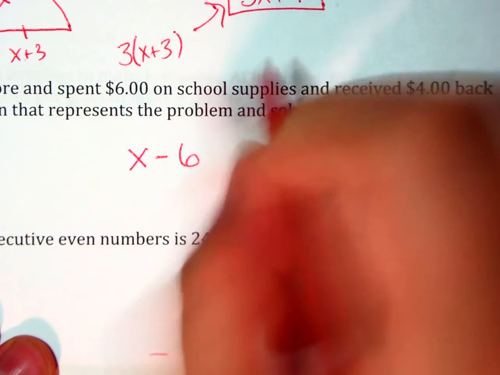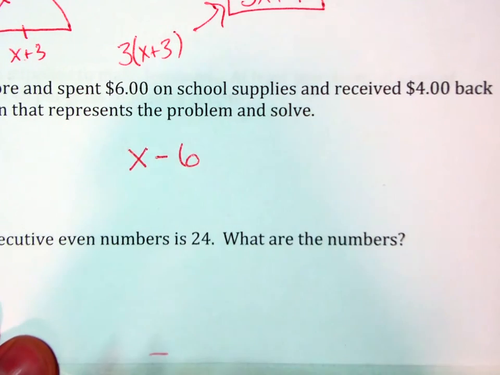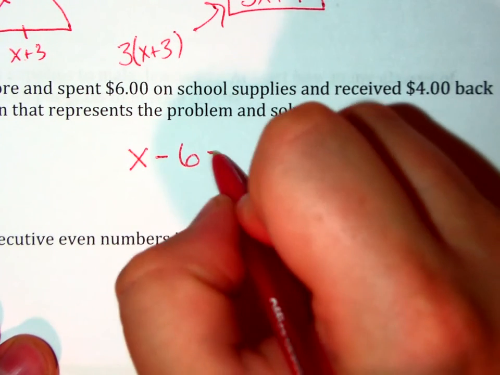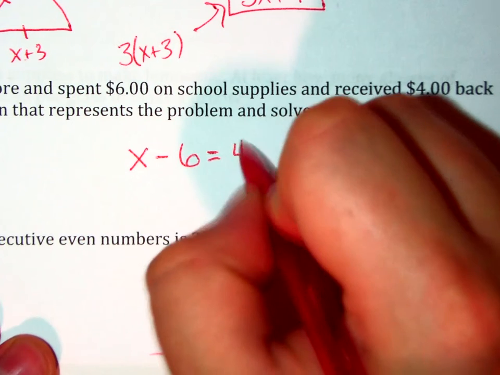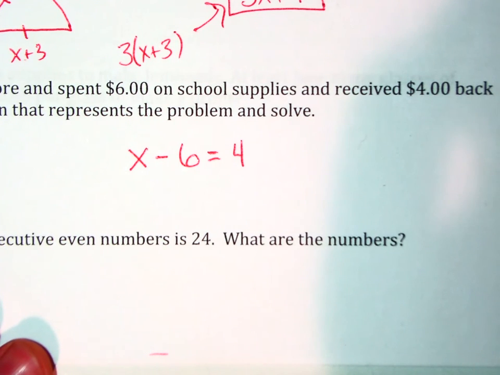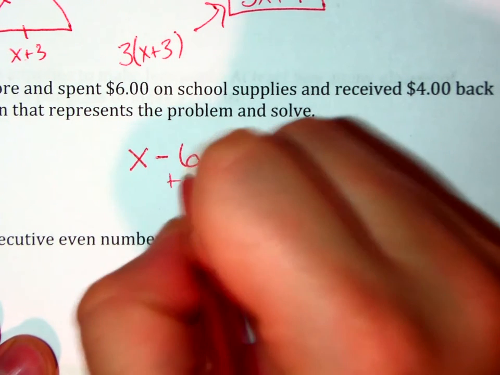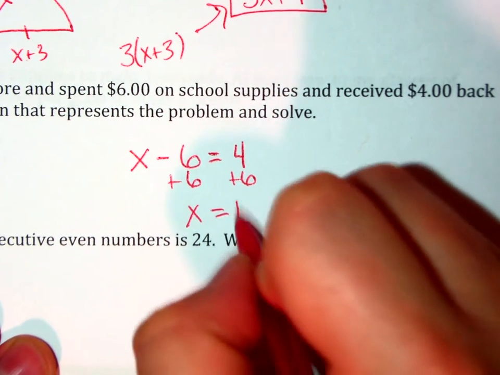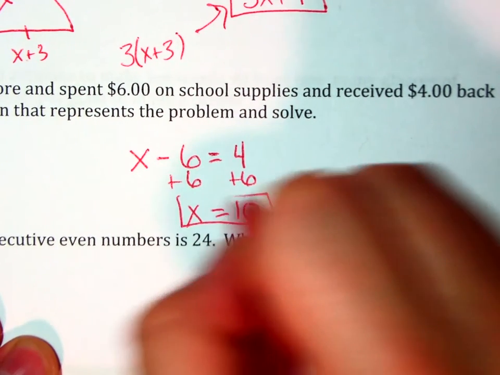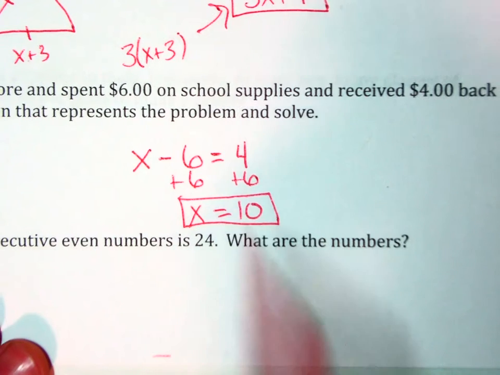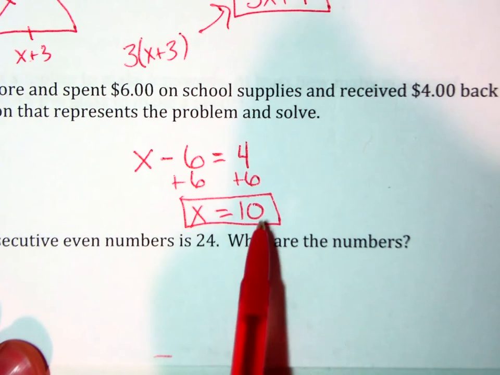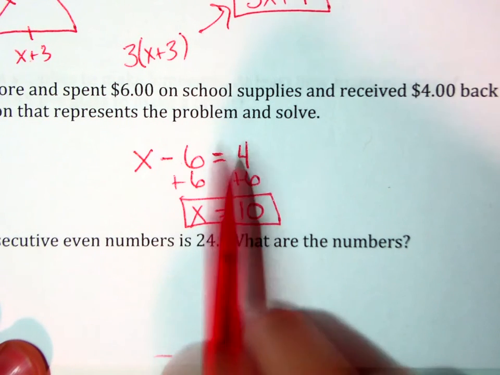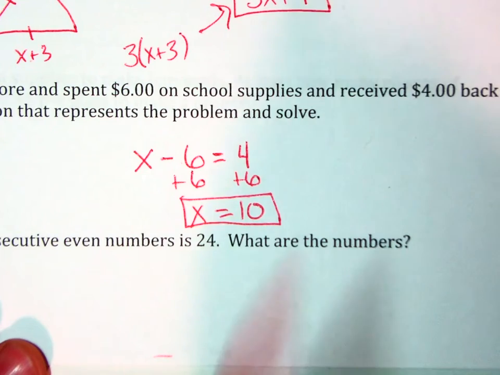So it took $6 away from whatever she started with, and that left her with $4 that she was given back. So if we add 6 to both sides now, we would determine that x is equal to $10. So she went to the store with $10, spent $6, and received $4 back in change.